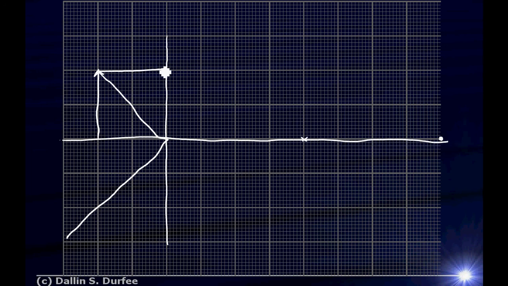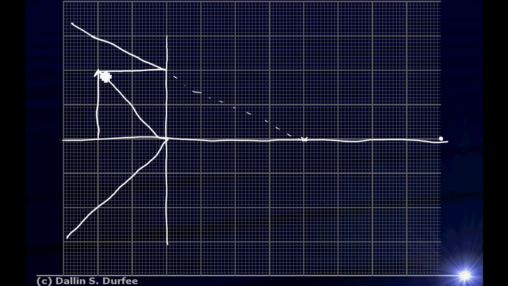A line which is parallel to the optical axis, since this is a diverging mirror, doesn't go through the focus, it bounces away as if it came from the focus. 1, 2, 3, 4. So it's going to come up, bounce up something like this, as if it were coming from the focus. There's that one.